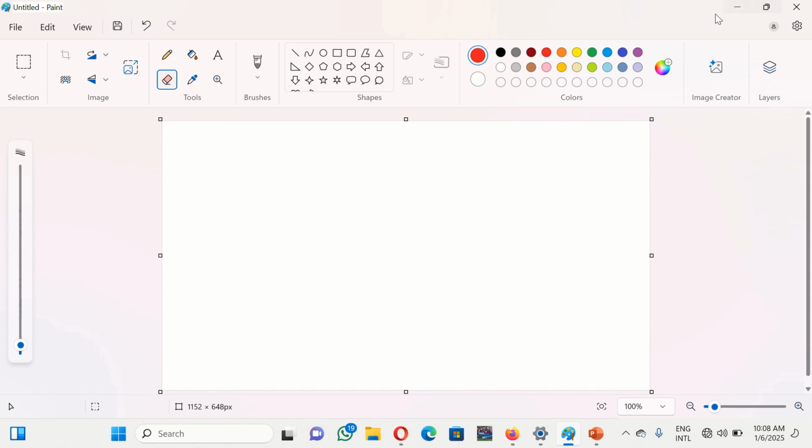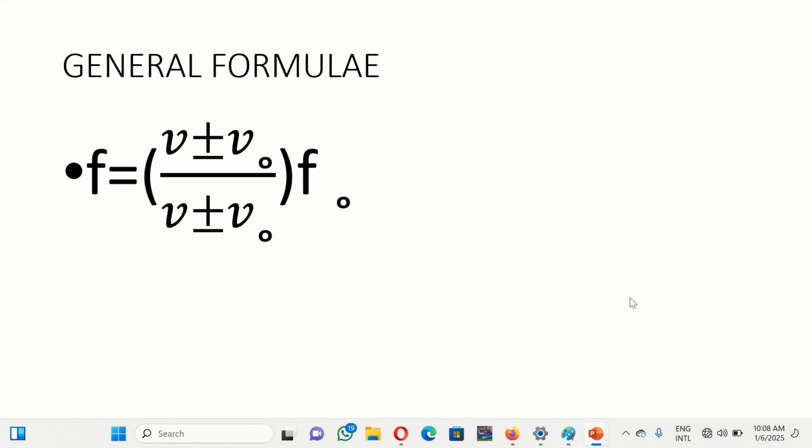Okay, so let's get back to the general formula from Doppler, where this is supposed to be S. Always, the numerator here is the portion for the observer, and the denominator here is the portion for the source of sound.